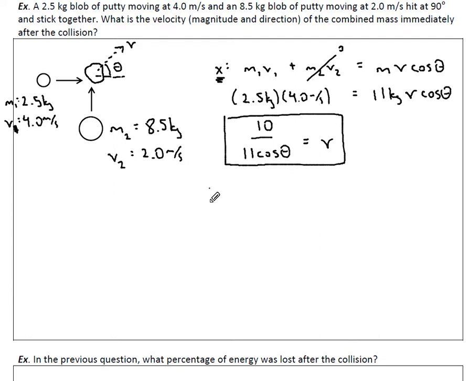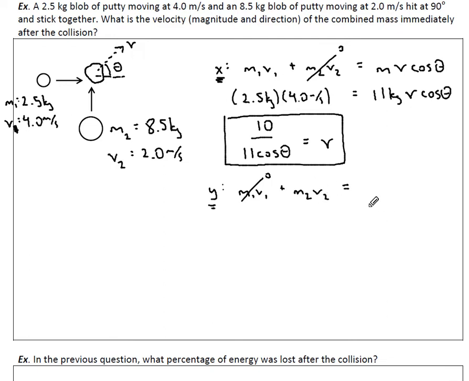If we now look at the y direction, again, we have m1 v1 plus m2 v2. But in this case, the velocity of object 1 is only in the x direction, so we know that does not apply in the y direction.